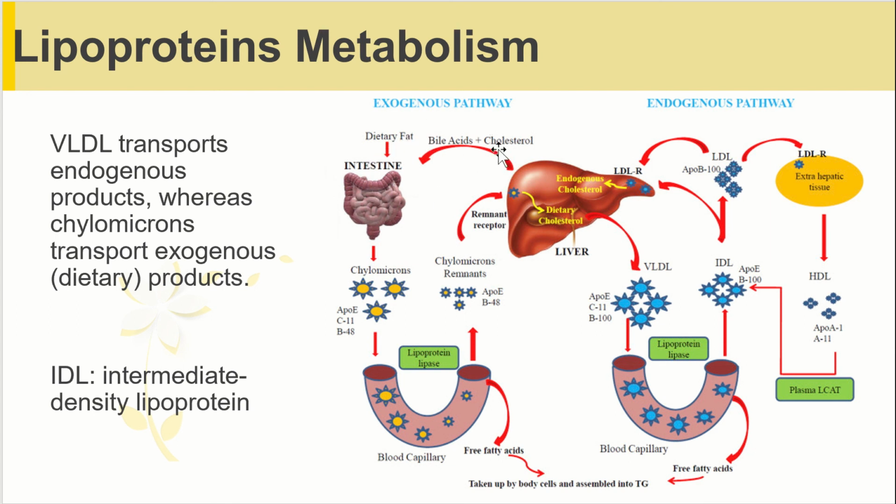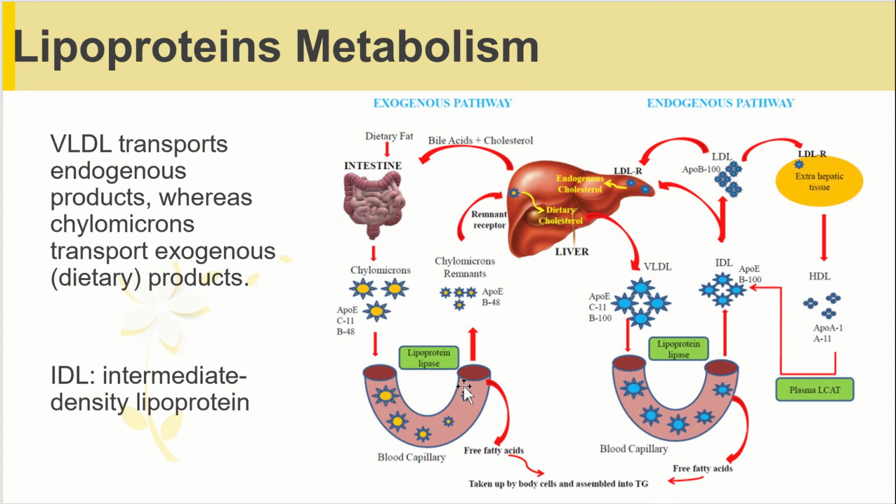So we have our dietary fat, and it combines with our bile acids and cholesterol, and through our intestine we get to our chylomicrons. Then, as we mentioned already, lipoprotein lipase converts our triglycerides to free fatty acids, and that's taken up by body cells and assembled into triglycerides.